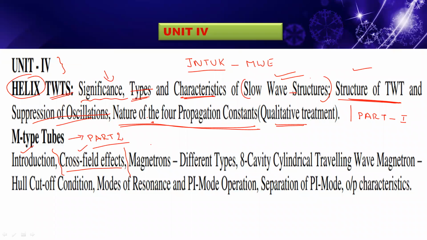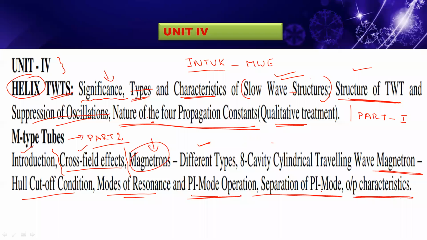Our focus is on the magnetron and its different types: the 8-cavity cylindrical traveling wave magnetron. How the magnetron works: cutoff conditions, resonating modes, pi-mode operation, separation of pi modes, and the output characteristics.